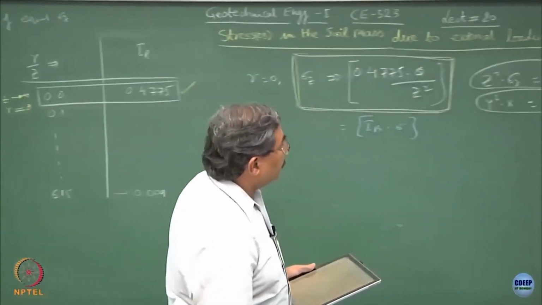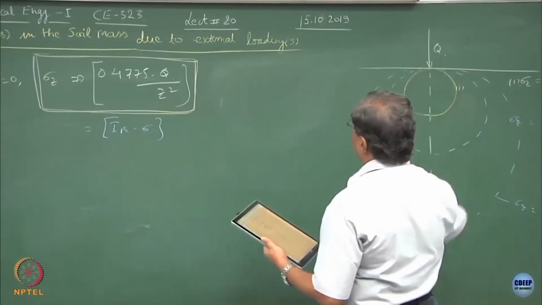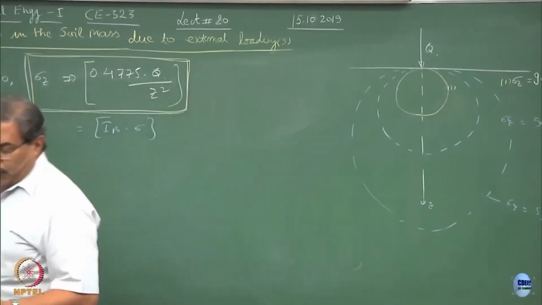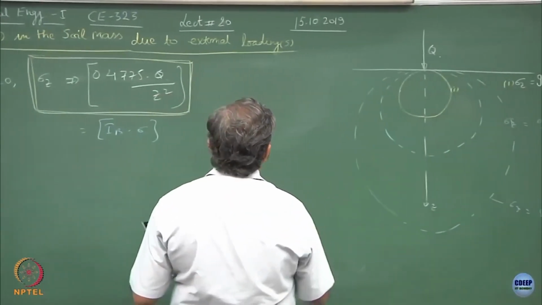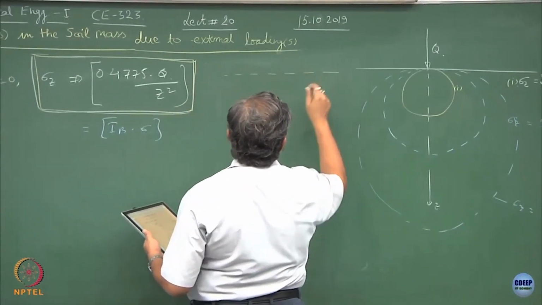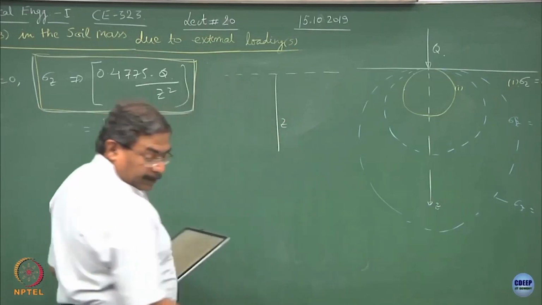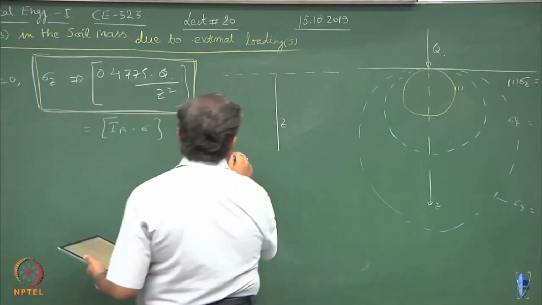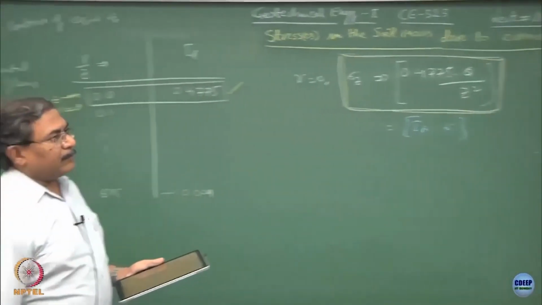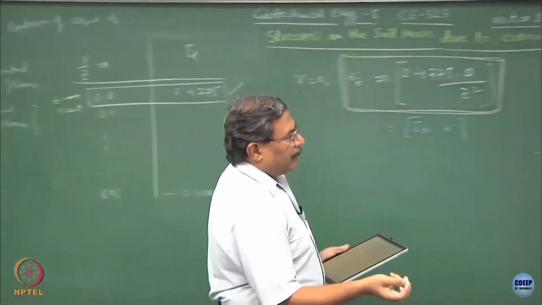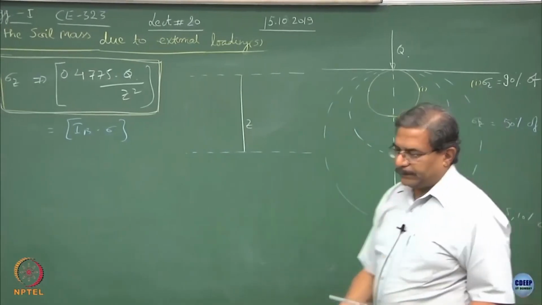So, if this point is Q, and if I ask you to draw the vertical pressure distribution and the horizontal distribution of the pressures, this is the ground surface at a depth of Z. If I create a plane, this is the plane at which I want to see the variation of sigma Z, as if you are cutting all these pressure bulbs along this axis.